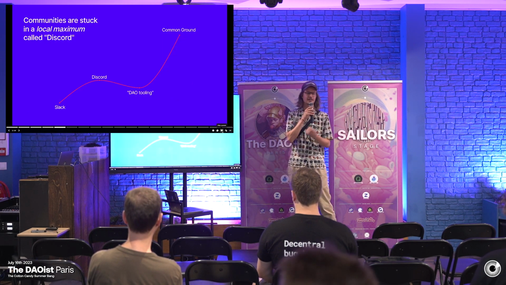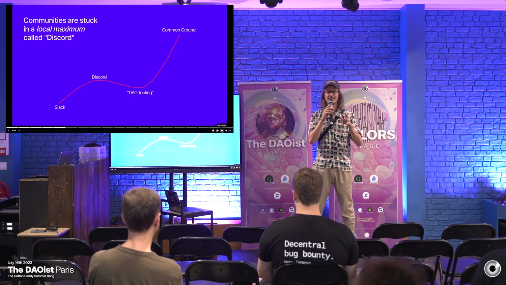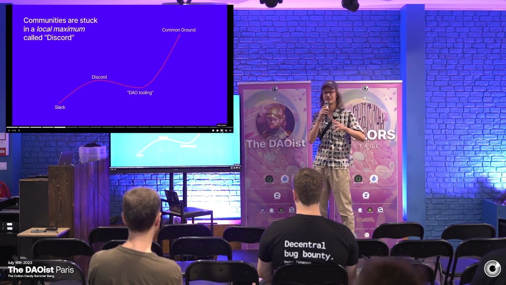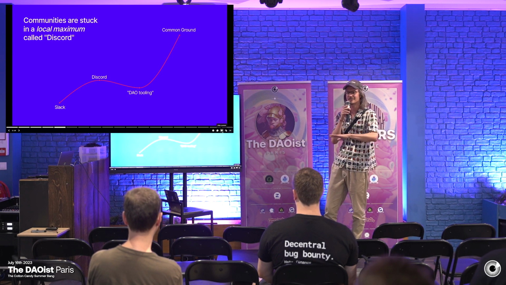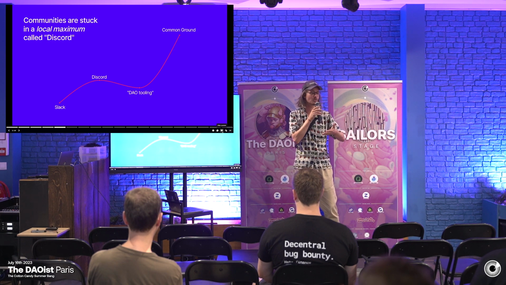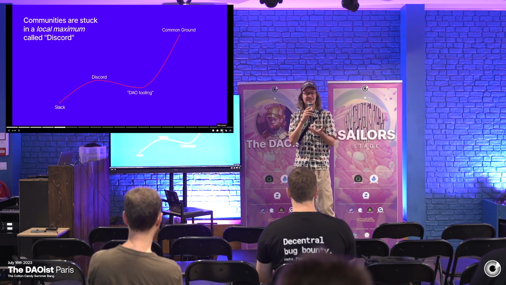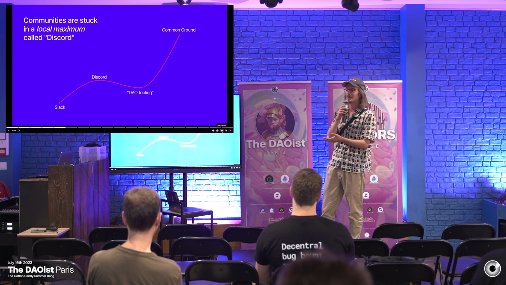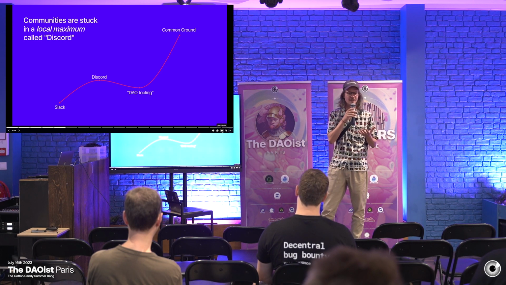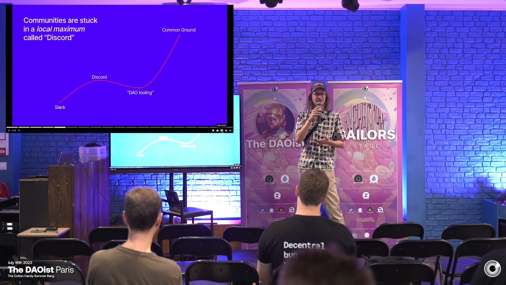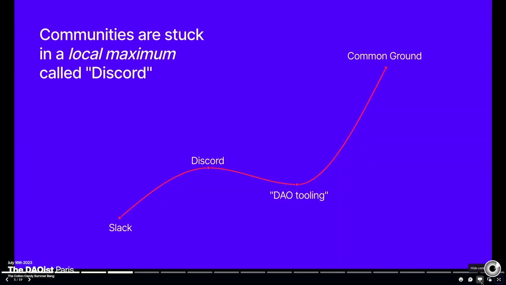I think you can put it like this: communities today are stuck in a local maximum. And that's really a bad place to be, because it takes a lot of energy to leave a local maximum because things seem sort of fine. Discord, for example, or Telegram, which we all, I think, use a lot, they seem sort of fine. But then when you actually want to create a DAO, a decentralized project of any kind, you're possibly building a blockchain ecosystem, you find that there are a lot of coordination tools missing.